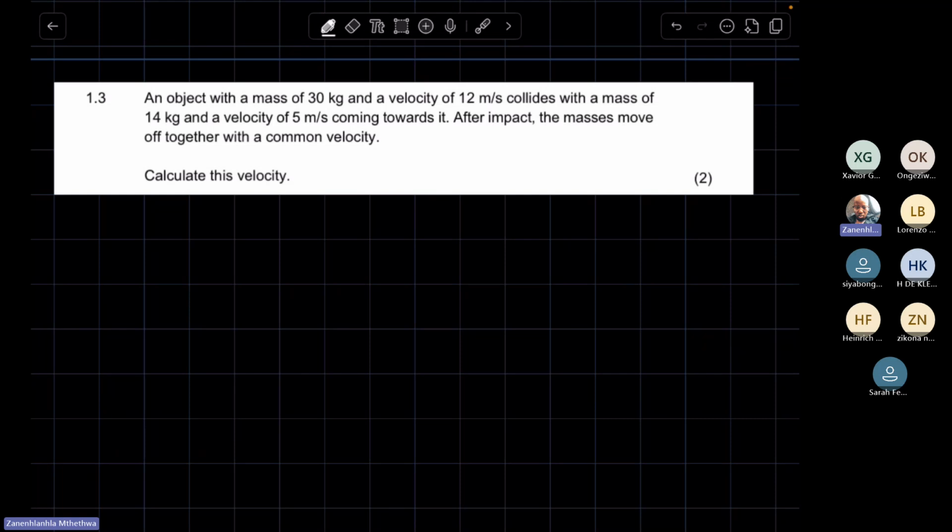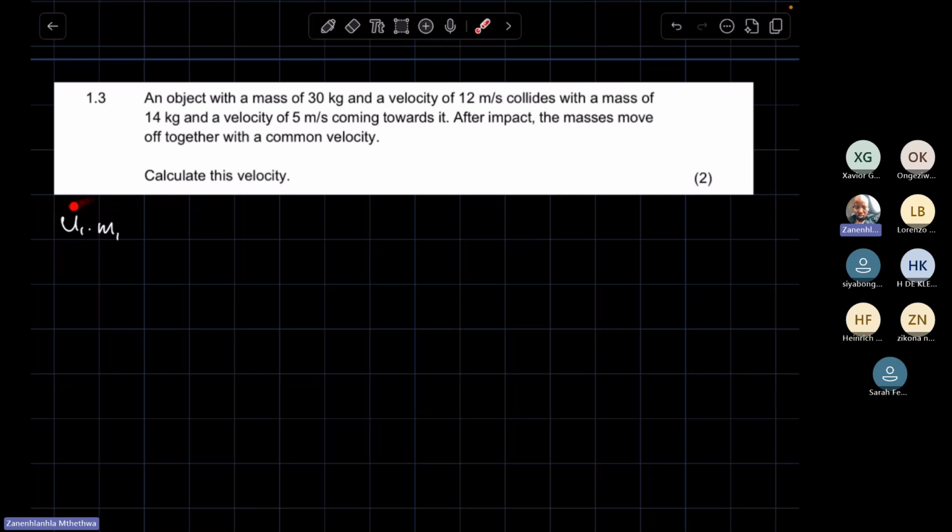Mathematically, since you have two objects, the one object is going to be named 1, the other object we are going to name 2.